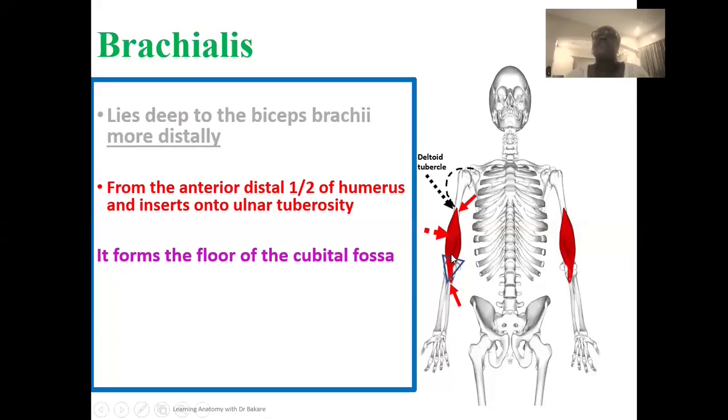So you have the cubital fossa, which is a triangular depression that is seen on the anterior surface of the elbow. Don't forget that the floor of the cubital fossa has a bony landmark and also a muscular landmark. The bony background is formed by the inferior region of the humerus and also the proximal regions of the radius and of the ulna.